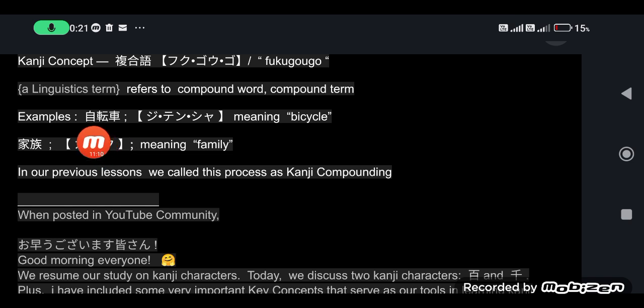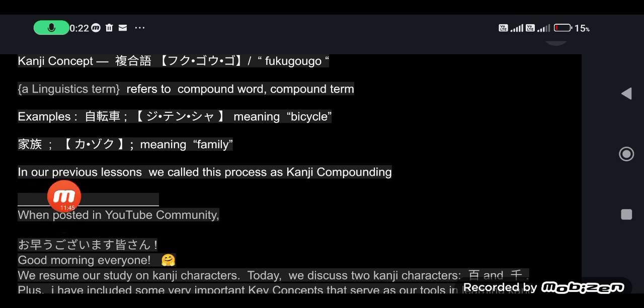Others might think why we didn't apply the Dakten readings for ten and sha. Well, there are a few exceptions, but these are only a few cases where the non-first kanji will have its reading not in Dakten form but in its basic onyomi reading, just like here, ji ten sha, not ji den ja, but ji ten sha, meaning bicycle.